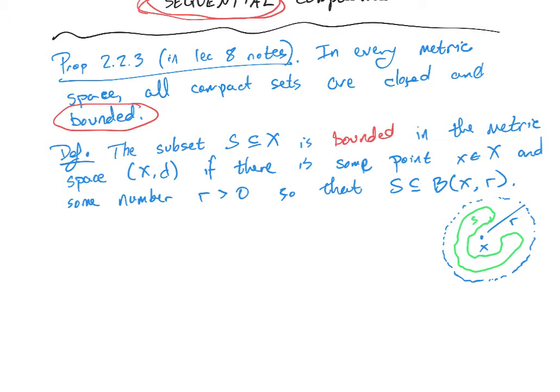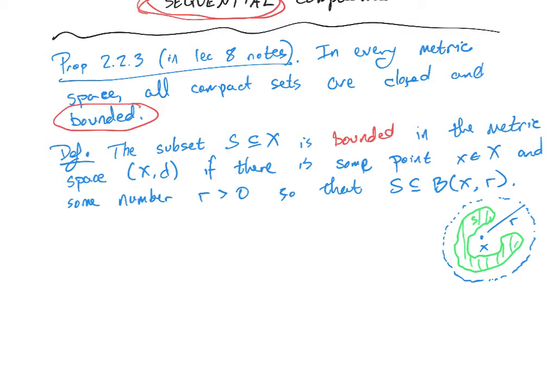Okay. So, before we start the proof of the proposition, are there any more questions? No? Okay. So we're going to take an arbitrary compact space, and we've got to prove that it's closed and bounded.